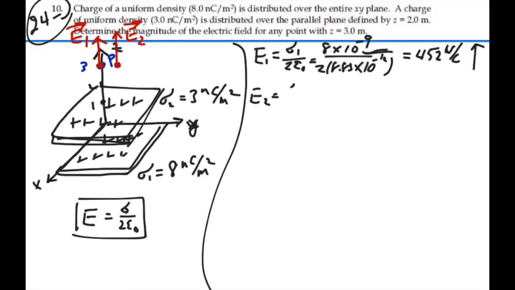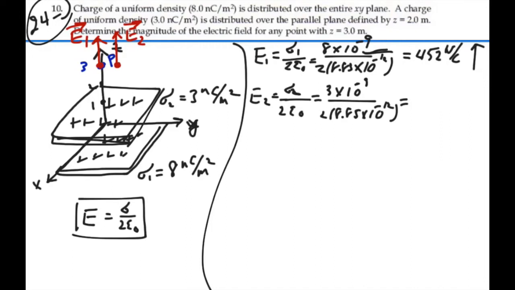E2 is going to equal sigma 2 over 2 epsilon naught. And that's going to be 3 nanocoulombs over 2 times 8.85 times 10 to the minus 12.